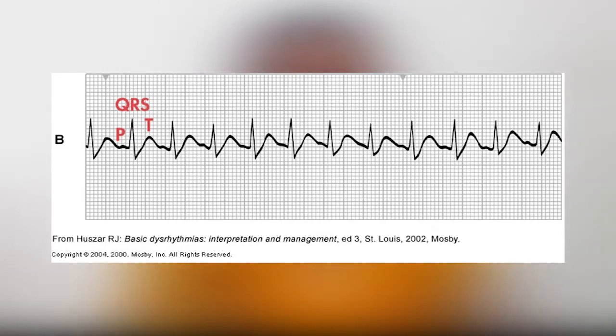One P wave precedes every QRS. Then the PR interval is normal. QRS width is less than or equal to 0.12 seconds. These all are the ECG criteria related to sinus tachycardia.